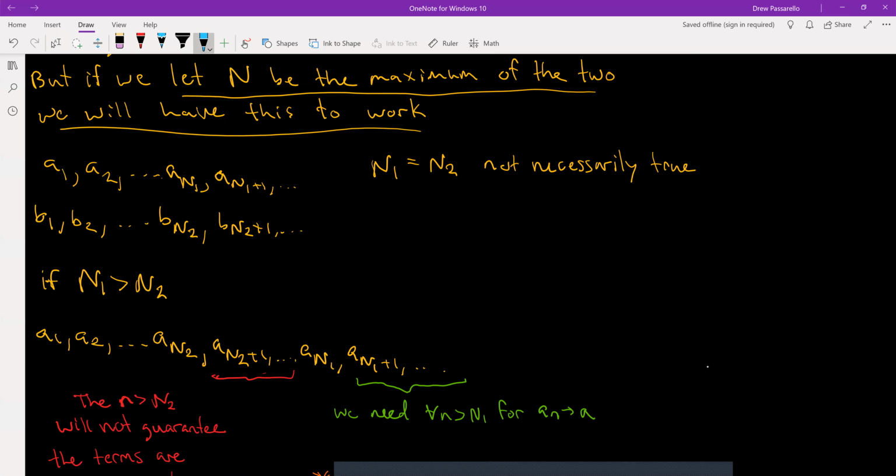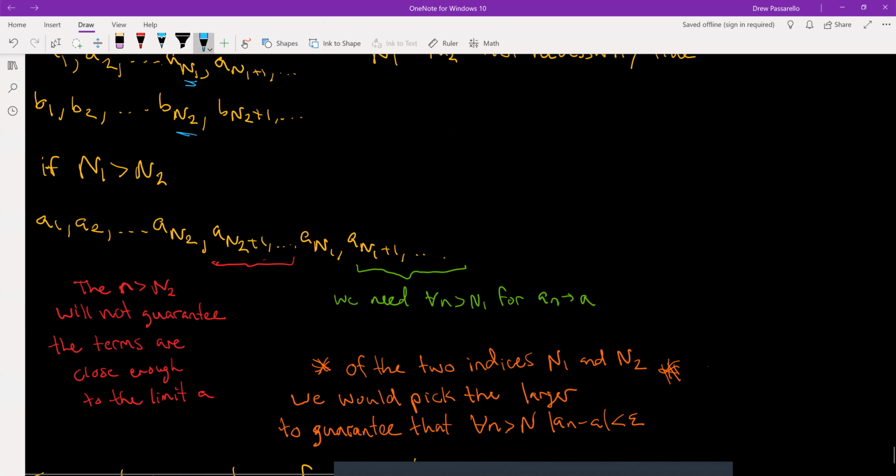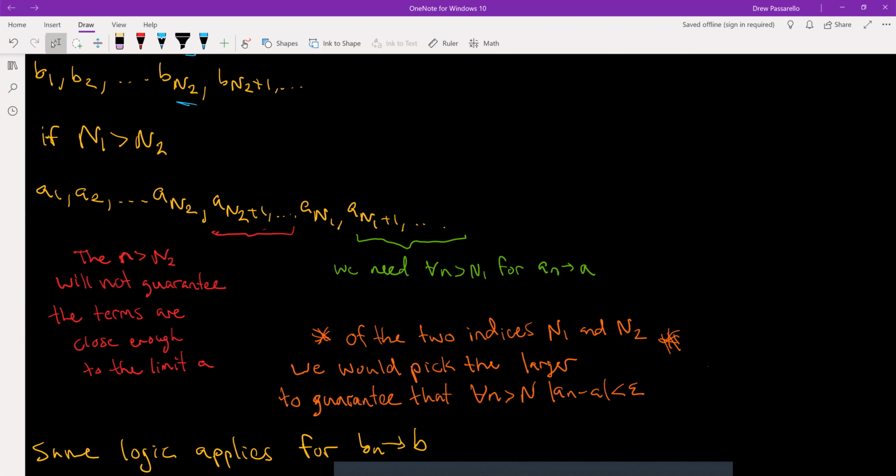Where these cutoff values happen, they do not have to be the same. So what happens when capital N1 is greater than the cutoff value capital N2? Using the indices for sequence a, we have a_1, a_2, and somewhere down the line a_N2, then a_(N2+1), and then somewhere we have a_N1, and then a_(N1+1), and so on.